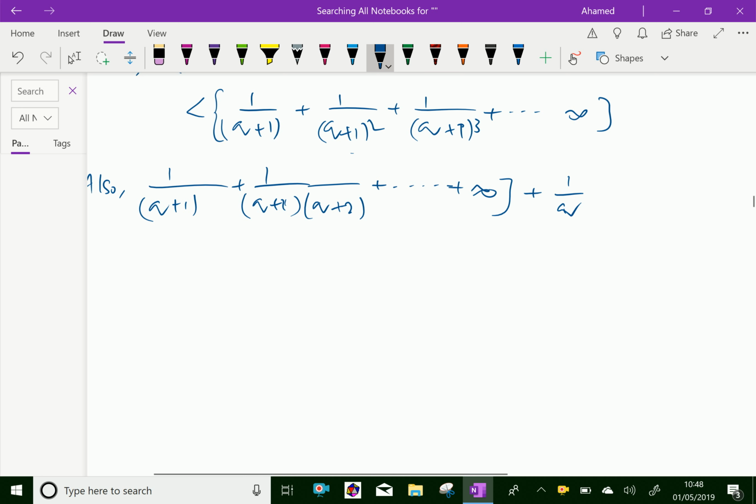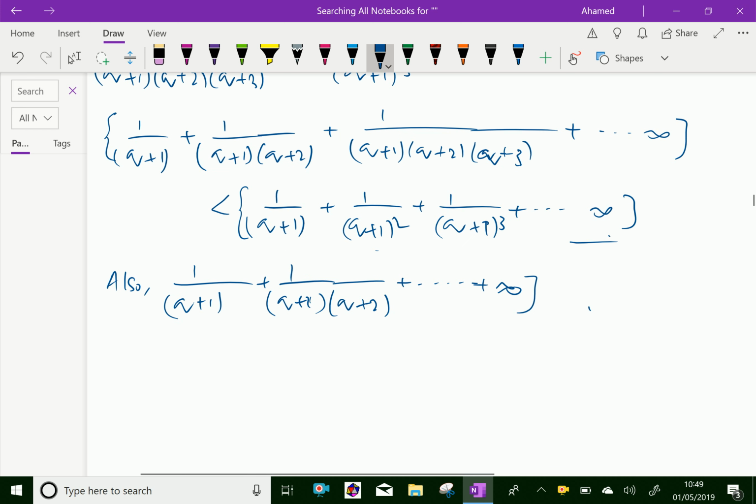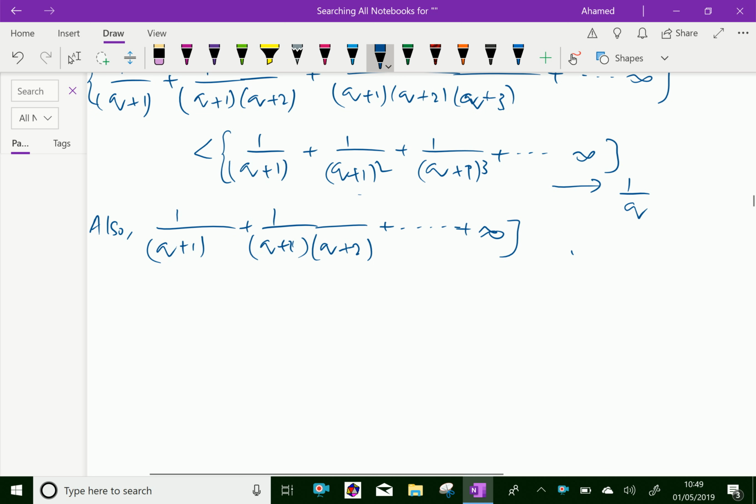Therefore this up to infinity terms gives 1 over q. So 1 over (q plus 1) plus 1 over (q plus 1) into (q plus 2) up to infinity terms is greater than 1 over (q plus 1).